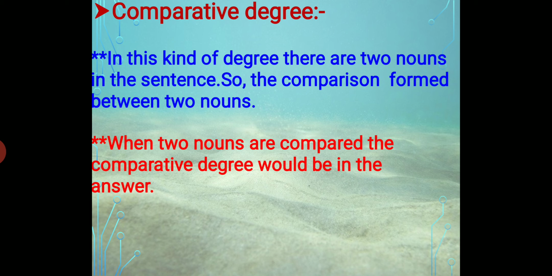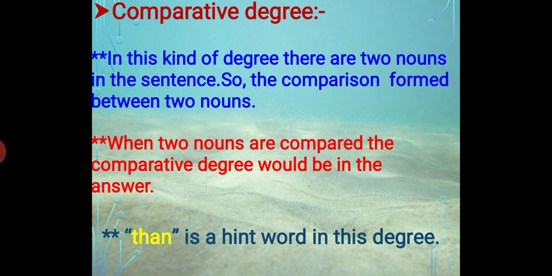And do you know which is the hint word of the comparative degree? Yes, we learnt it in our previous lecture. Yes, 'than' is the hint word in this degree.